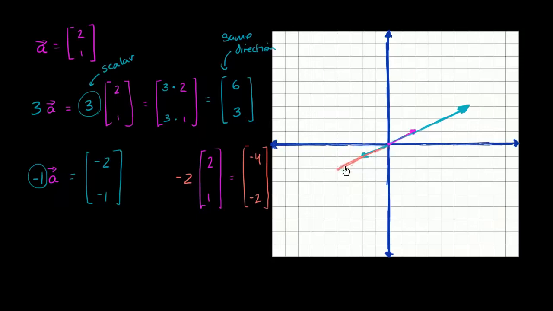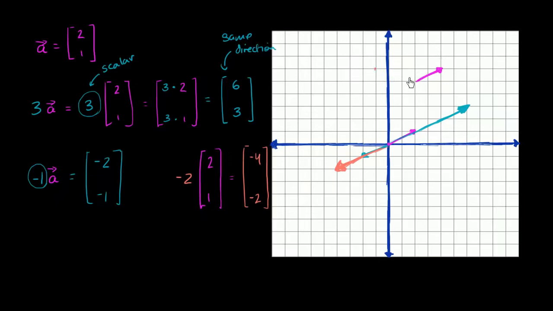And so just to remind ourselves, our original vector A, 2, 1, looks like this. And then when you multiply it by negative 2, you get a vector that looks like this. Let me draw it like this.